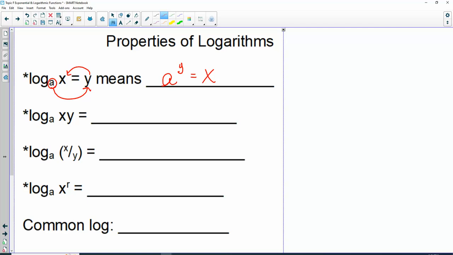How do we break it apart if we have the log of two things being added?